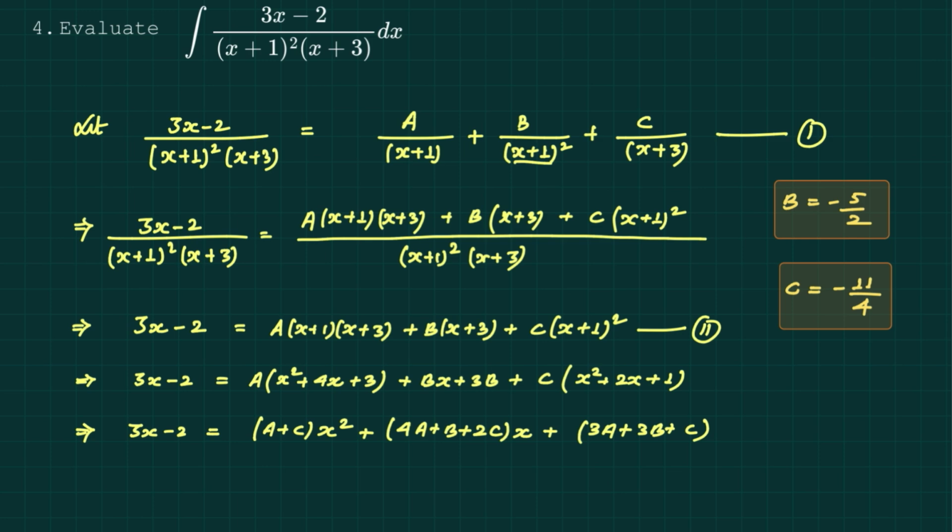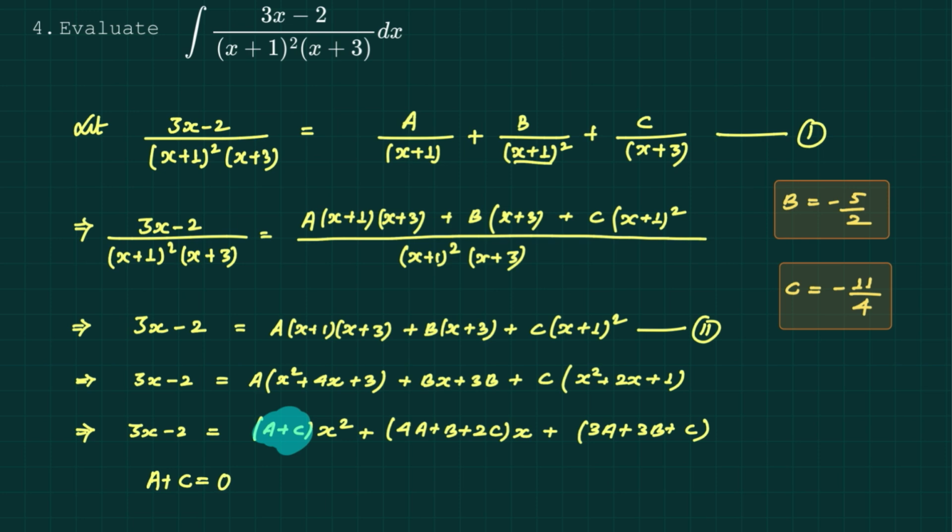Now since we have to find the value of a, so comparing the coefficients of x square on the left hand side and the right hand side, then we will have a plus c equals to 0, because there is no x square term in the left hand side. So that means the coefficient of x square is 0 in the left hand side. That means this a plus c should be equal to 0.